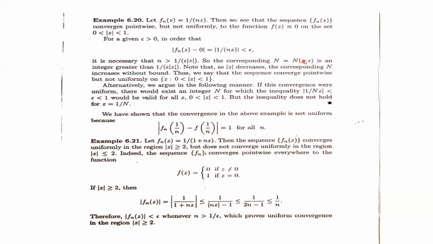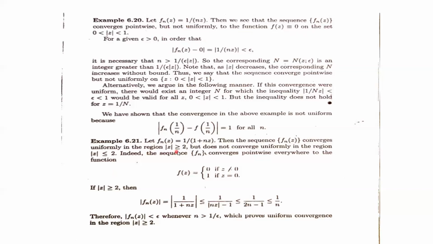As you will be changing z, this value of n will be changing. Thus, we say that the sequence converges pointwise, but not uniformly on this unit disk. Okay, so this is one way of showing this function is only pointwise convergent, not uniformly.